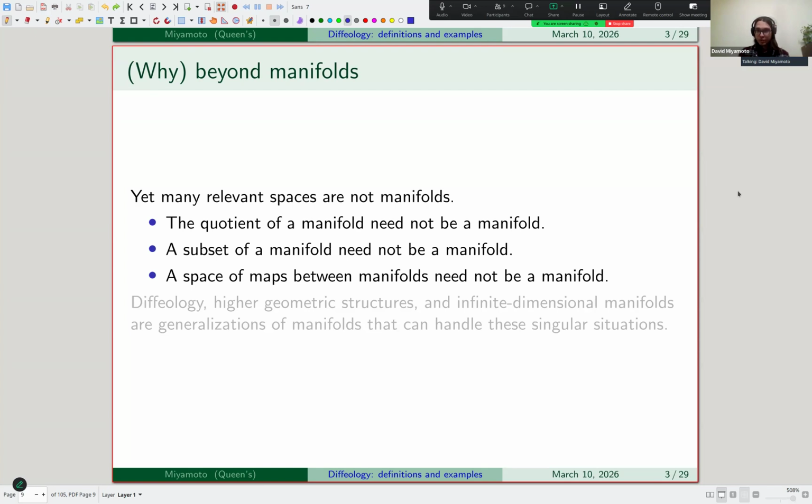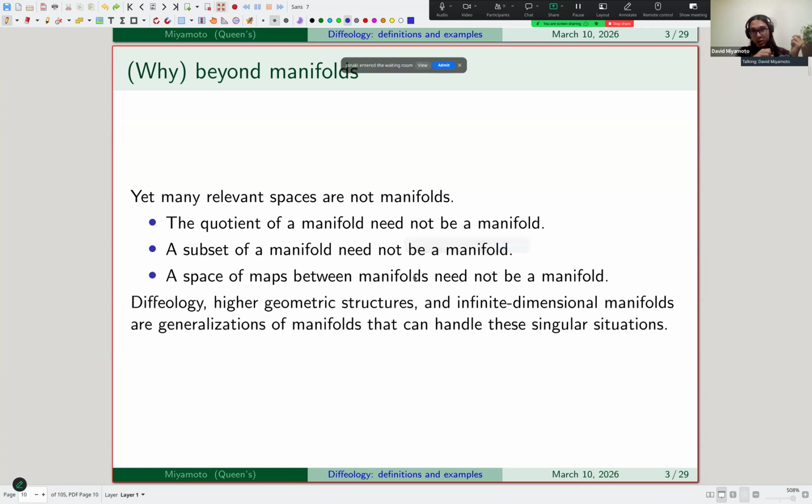Basically, it's never a manifold, by which I mean never a finite dimensional manifold. Of course, in any of these three situations, quotients, subsets, or mapping spaces, they could be manifolds. But the point is that they're not in general. So diffeology will generalize manifolds in a way that handles these situations without condition.